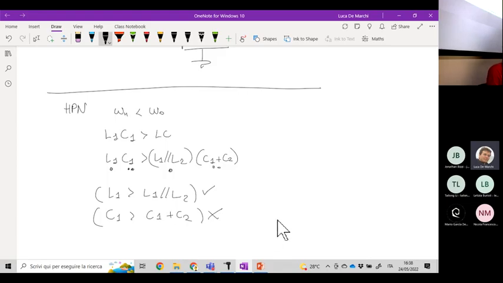So the only way to get the desired result is exploiting the fact that L1 is always larger than L1 parallel L2. And if we null C2, we get the result that basically C1 is equal to C. Okay, so this inequality is accepted.